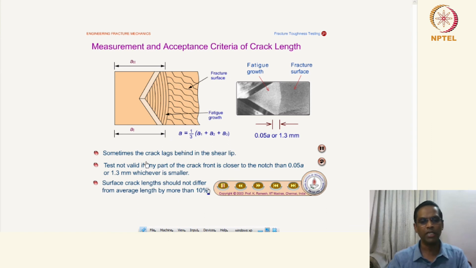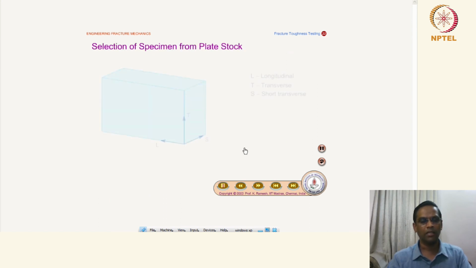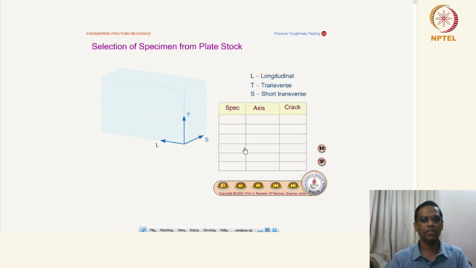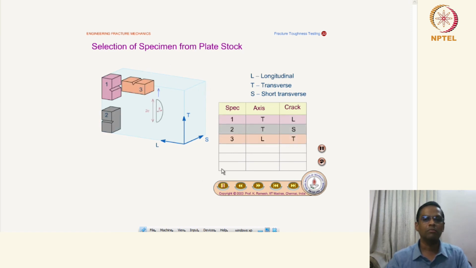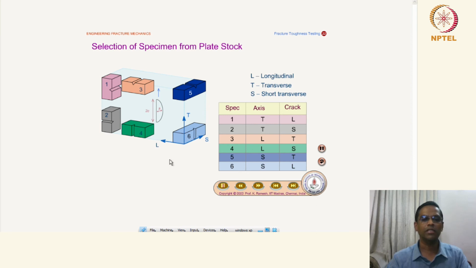So now we understand that these are very critical and difficult experiments to perform. And how do we select the specimen from the stock? There are some recommendations on how to take the samples from a material stock.